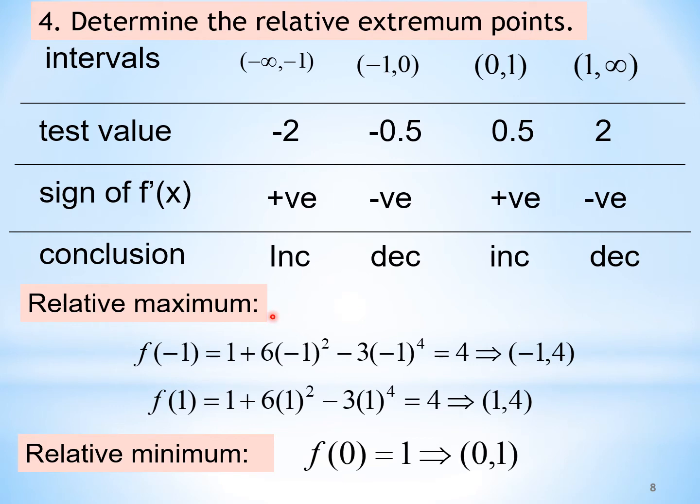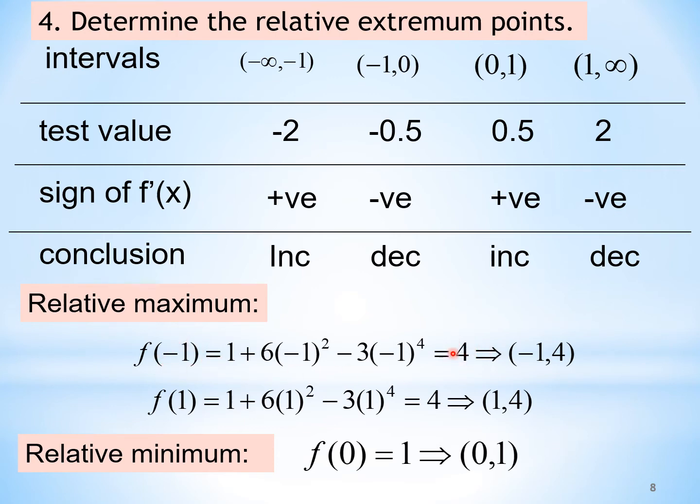So next is to find the relative maximum. Since we already know that we have 3 critical values of x, you're going to substitute each of them into the f function to find the y value. Okay, the first one is x value equals negative 1. Substitute it into the function, then you get 4.